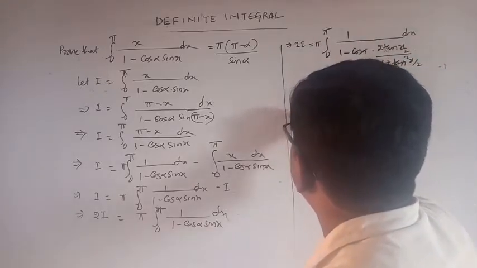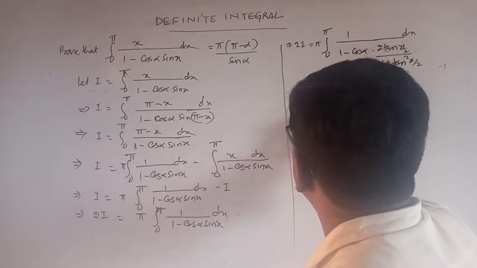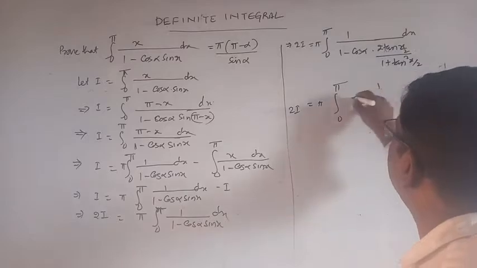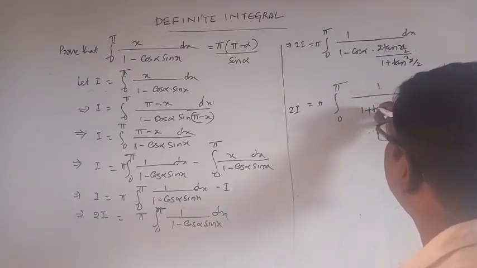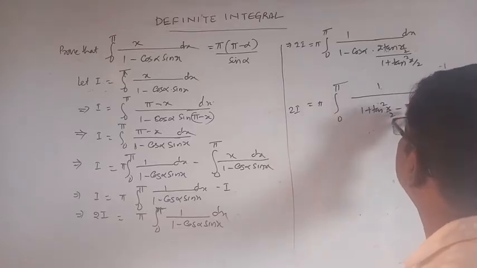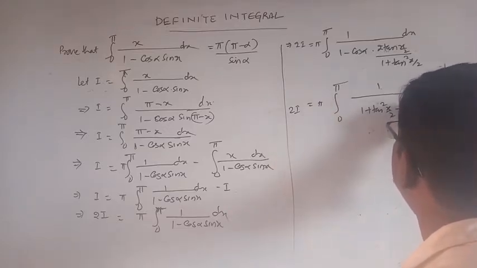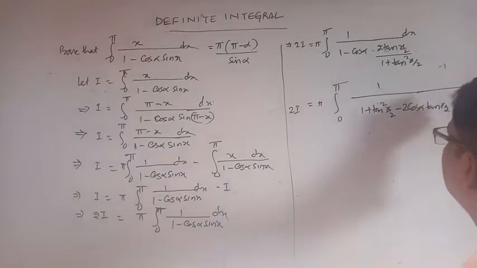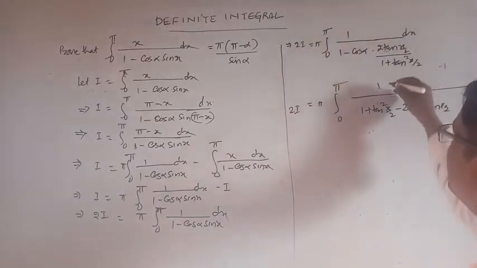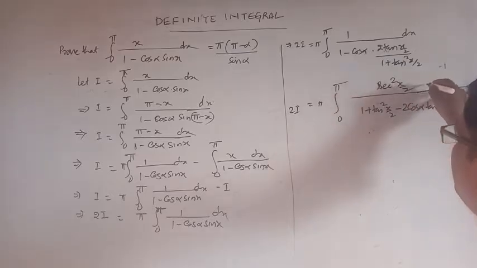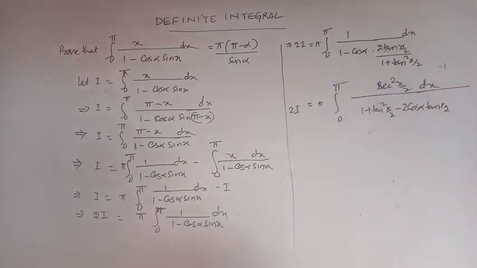So 2I is equal to pi times the integral from 0 to pi of 1 by (1 plus tan square x by 2 minus 2 cos alpha tan x by 2) times the LCM, 1 plus tan square x by 2, which comes to the numerator, that is sec square x by 2 dx.